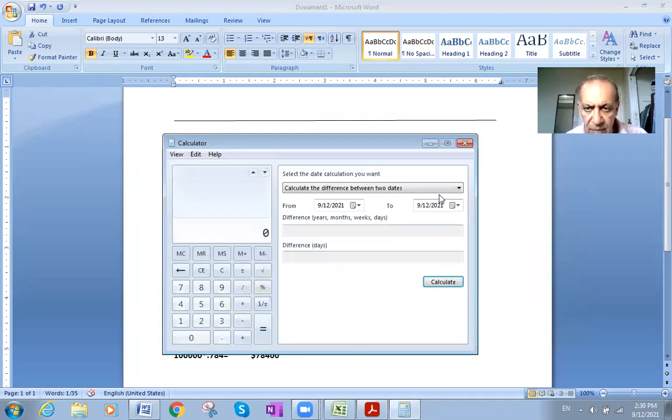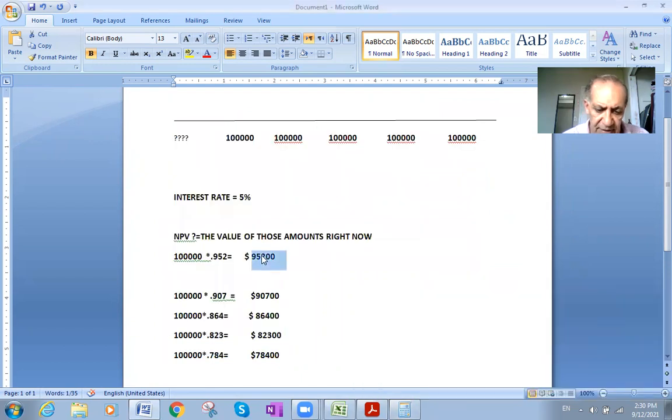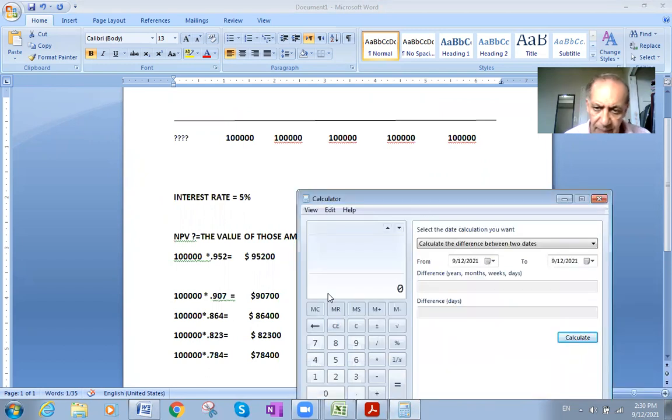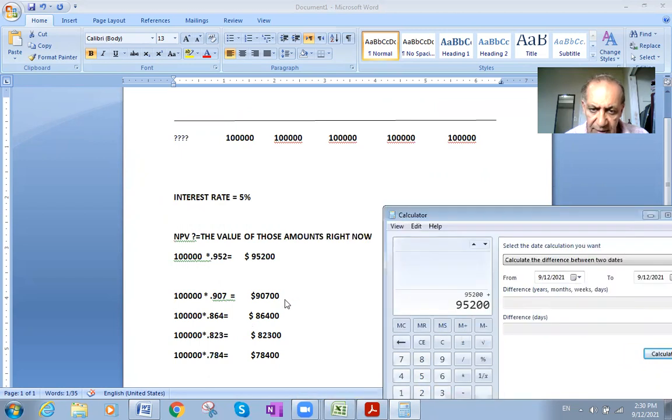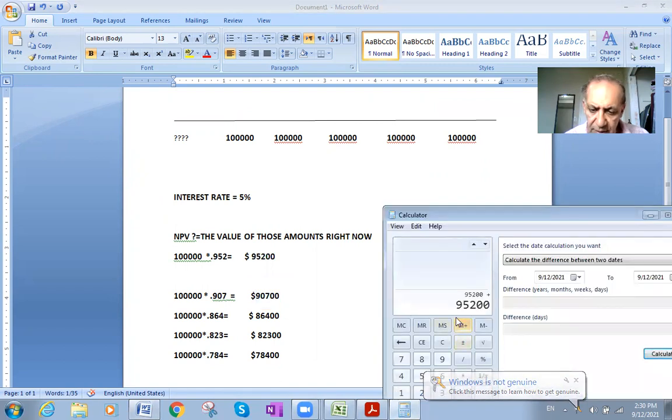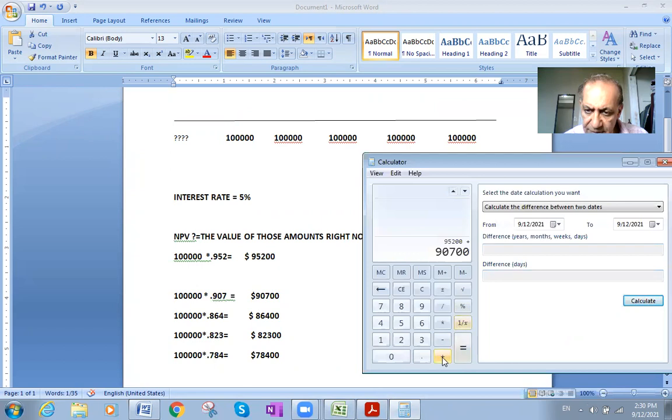This is 95,200. Control and C. We'll go to our regular calculator, Control and V, plus. The second one is this one. Control and C, Control and V, plus.